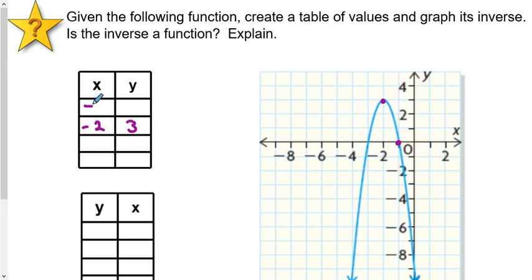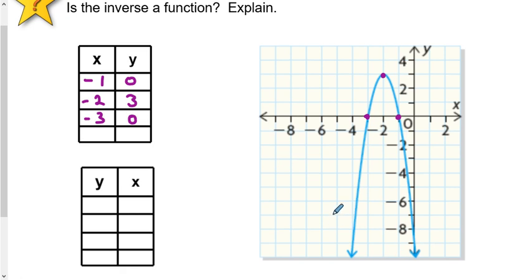So that's negative 1 and 0, y value 0. Let's do this one here on the opposite side. That'd be a good one to do as well. Negative 3 and 0. And let's fill out one more. Let's find somewhere where it crosses the axis here, or crosses a grid line. Let's do, I don't know, this one right here. So that's an x value of 0 and a y value of negative 9.